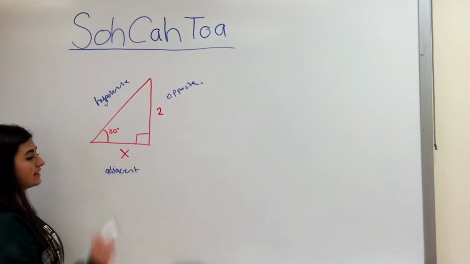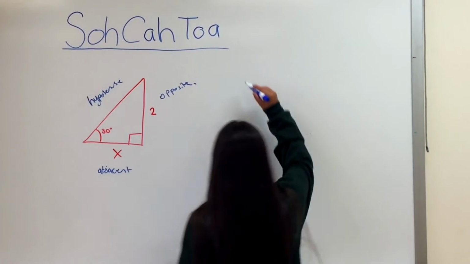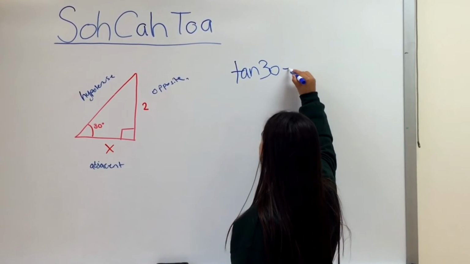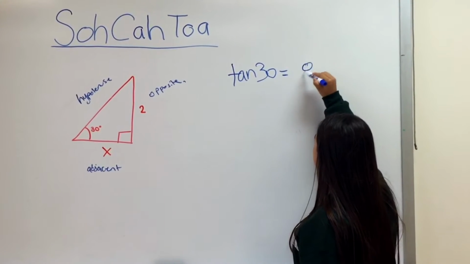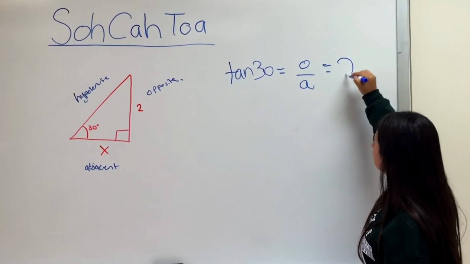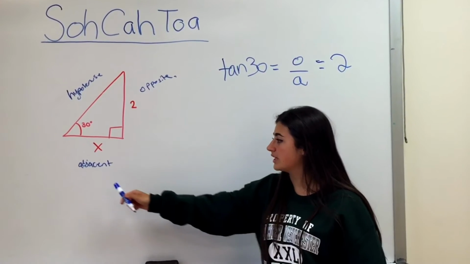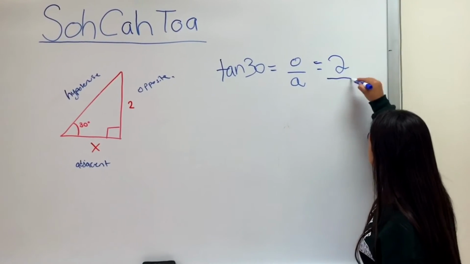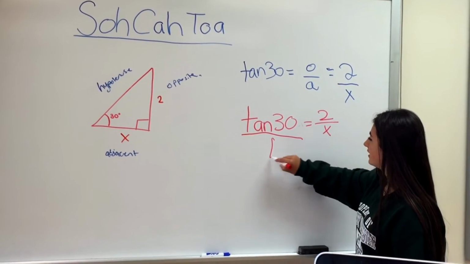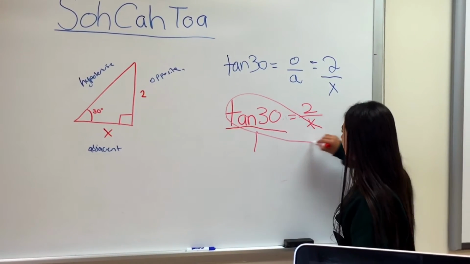Since we're finding tan of angle 30, we're going to do tan 30, which is equal to opposite over adjacent, which is equal to 2 over your adjacent, which is x. Put tan 30 over 1, and then cross multiply.